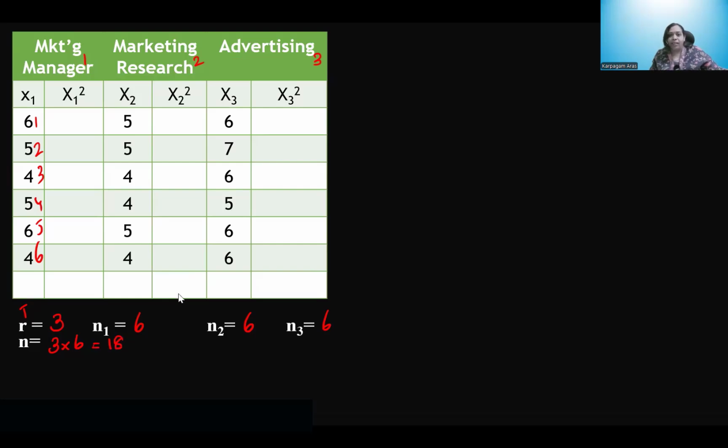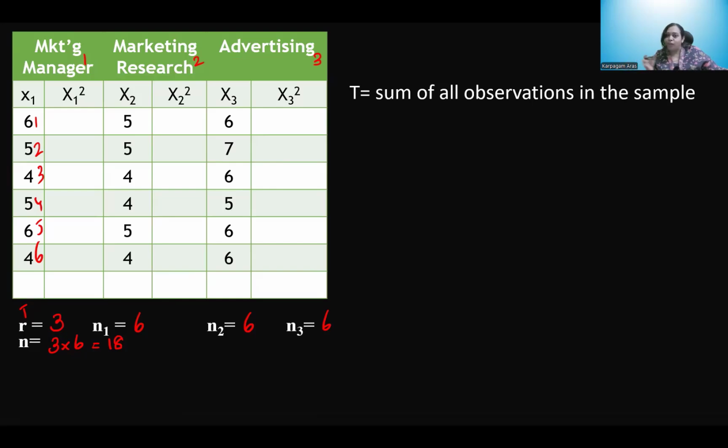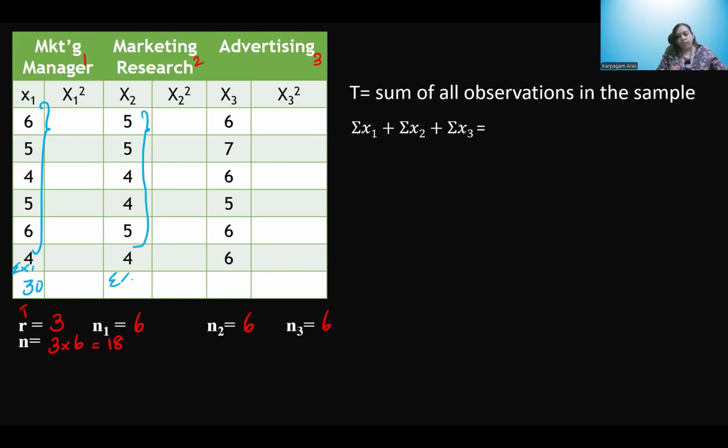Once we are done with it, next we need T for the correction factor. The correction factor is used to isolate the real variation from the variation which has happened by chance. We are going to take the summation of x1, x2, x3. Summation of x1 is 30, summation of x2 is 27, and summation of x3 is 36.